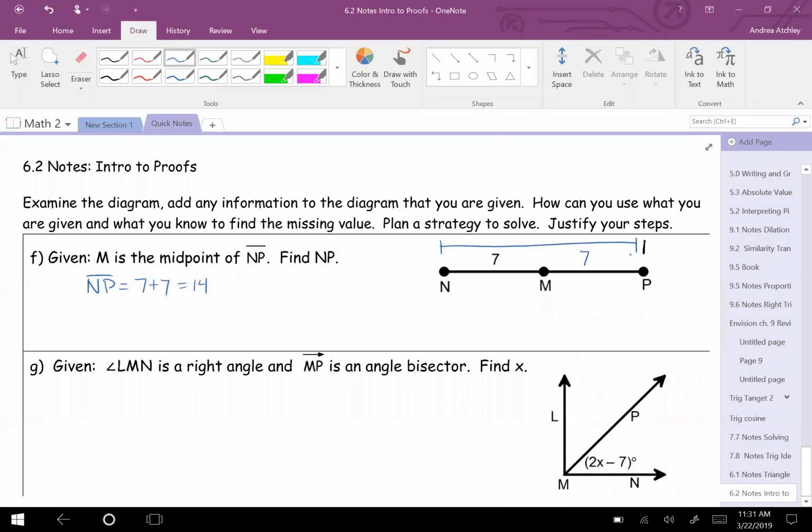Okay, why did I know that NM was 7 and then MP was also 7? How did I know that? Very good. Okay, because I gave you that M was the midpoint. So that first thing to tell me that NP is equal to 7 is the definition of what a midpoint is.